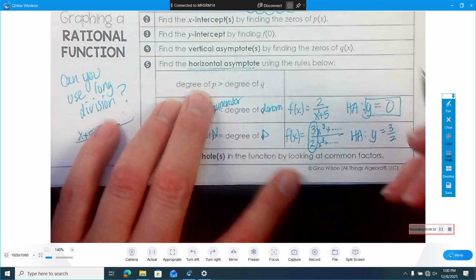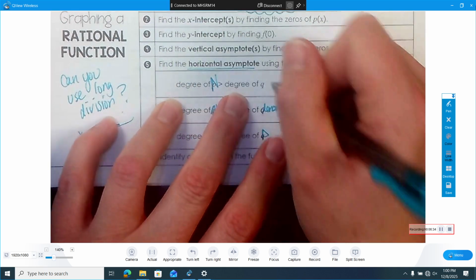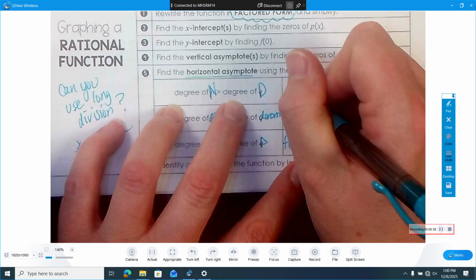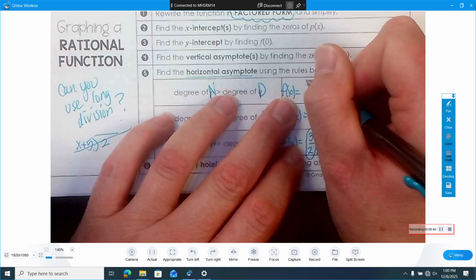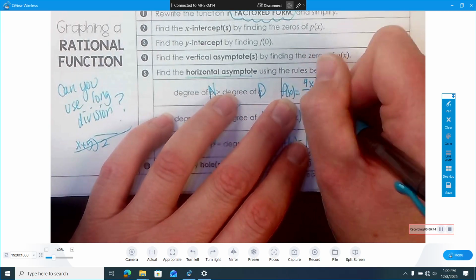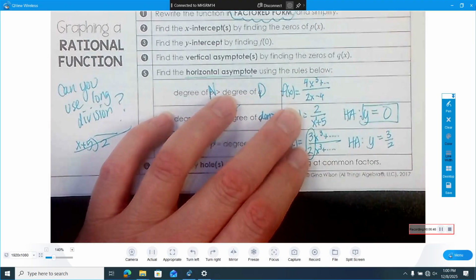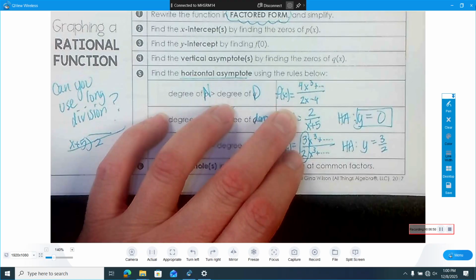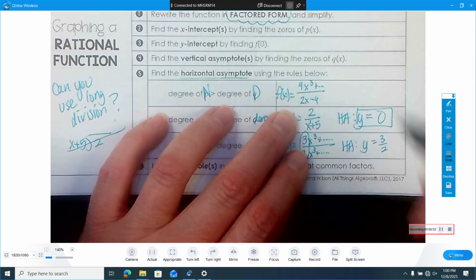However, if the degree of the numerator is greater than the degree of the denominator, so maybe something like 4x cubed plus yada yada over 2x minus 4, this is a cubic on top, and we have an x to the first on the bottom. The degree on the top is bigger.